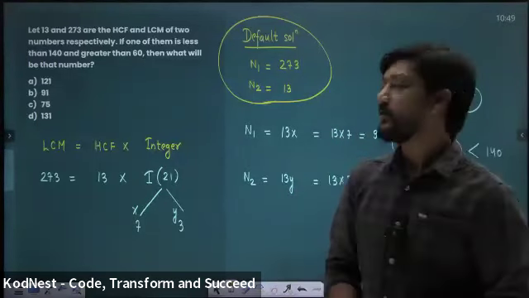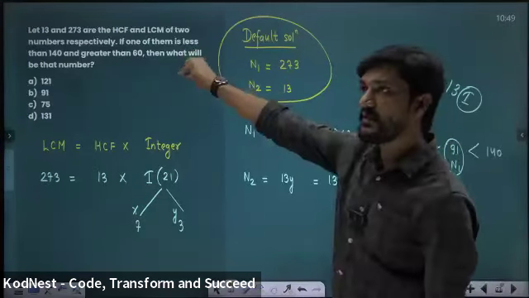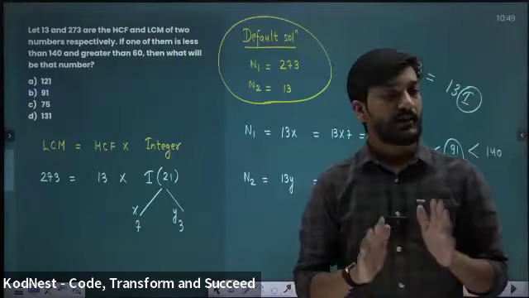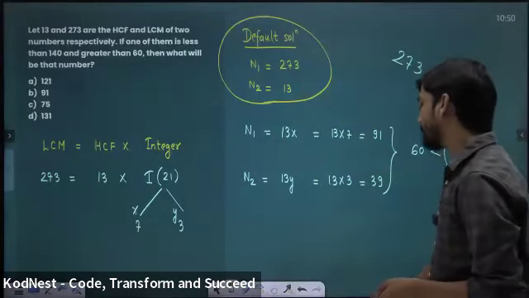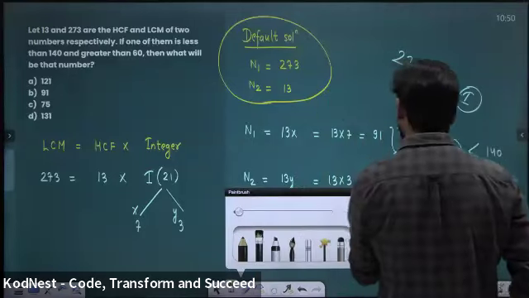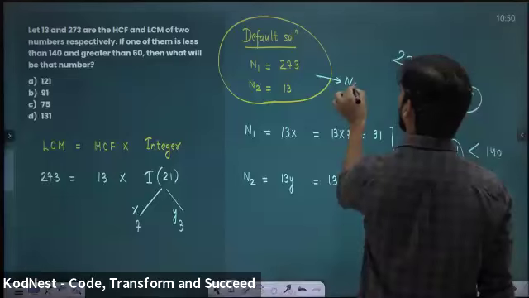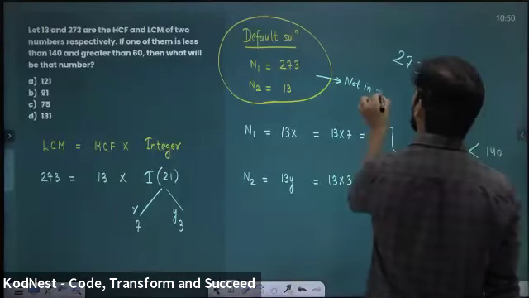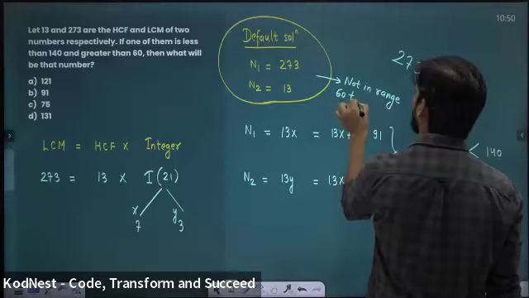No. Because no number out of these two is coming in the range of 60 to 140. That's why I have not discussed it. I always tell this part later. So let me write this: not in a range, 60 to 140.